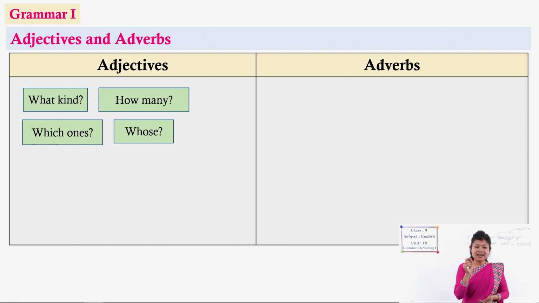If the word answers these sorts of questions, you can easily recognize that it is an adjective.